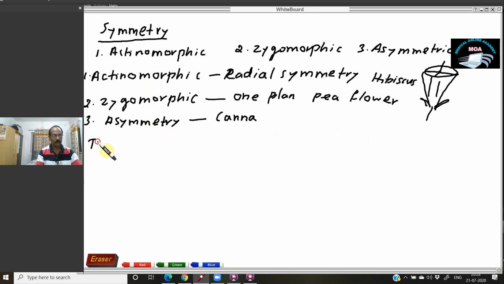The next technical terms are trimerous, tetramerous, and pentamerous. What is the word meaning?